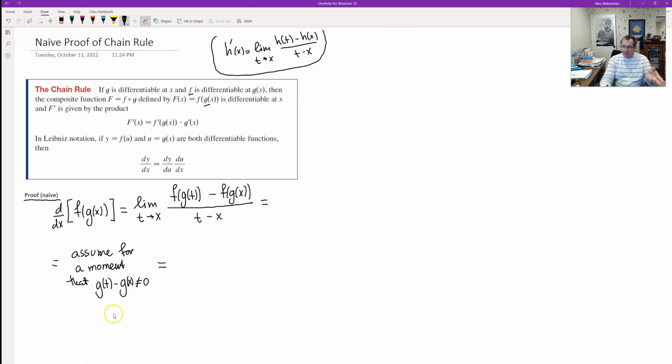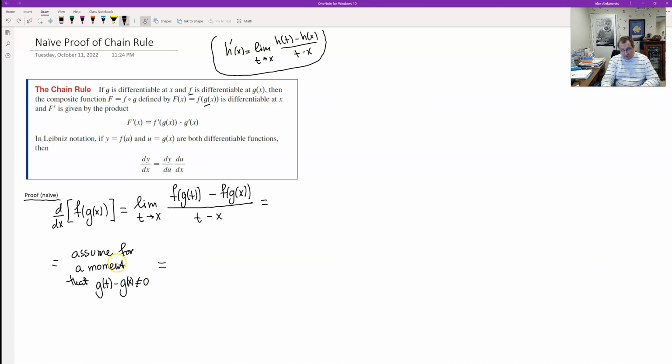There is a mathematical flaw here. We cannot guarantee that g of t minus g of x will not be equal to 0. The claim is that you can prove the theorem without this assumption, but it would be more involved and less intuitive. So today we just want to focus on the main idea, and we will use that assumption to show the main idea, and we will show where that special form of the chain rule is appearing.